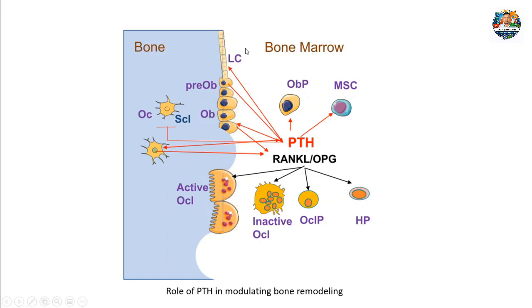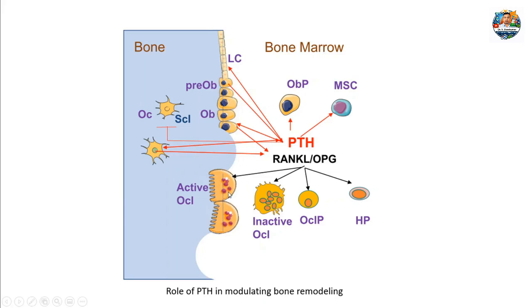So the actual mechanism of action of parathyroid hormone on the bone cell is that it allows osteoblasts to produce more osteoclasts. Because of parathyroid hormone, there will be production of more active osteoclasts.